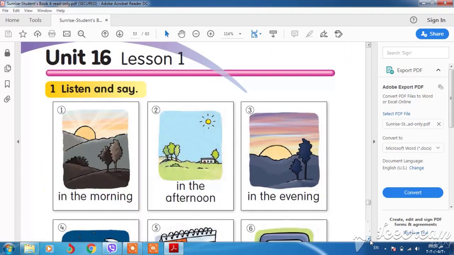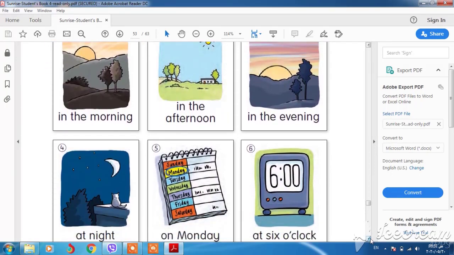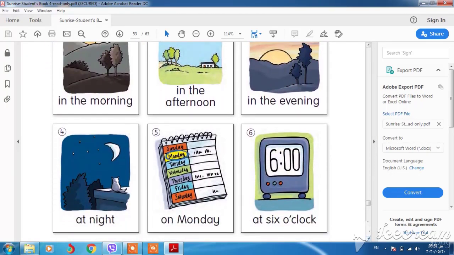And in skills lesson one, we have time expressions. We use present simple with time expressions. Okay, we have in the morning, in the afternoon, in the evening, and at night, on Monday, at 6 o'clock.